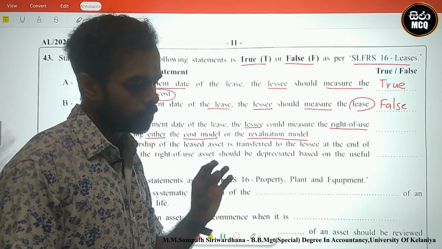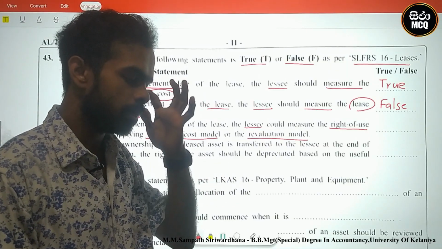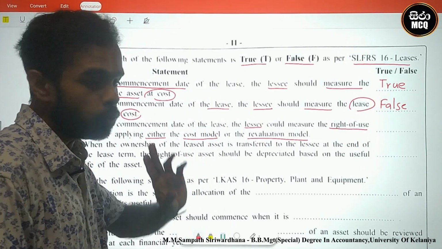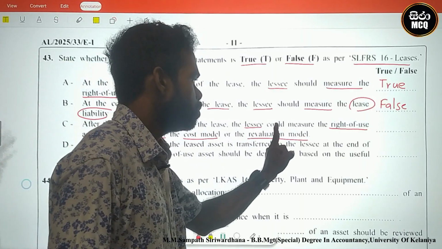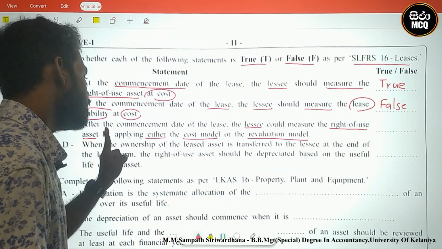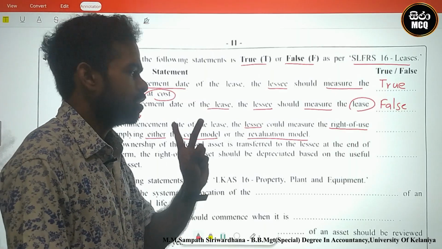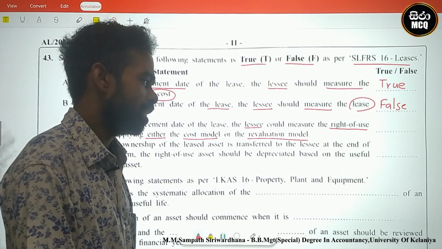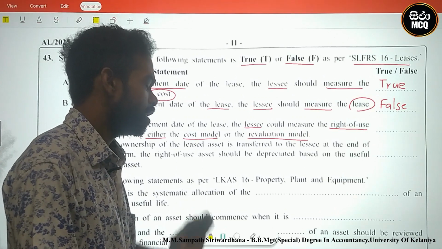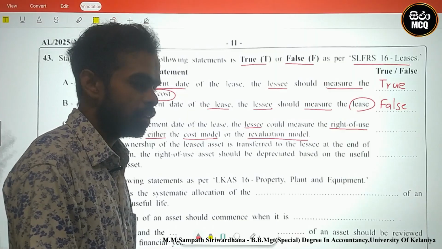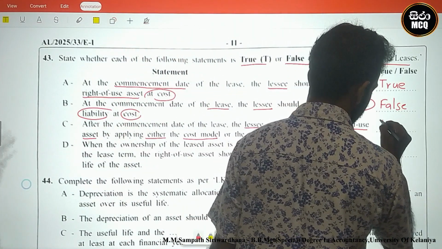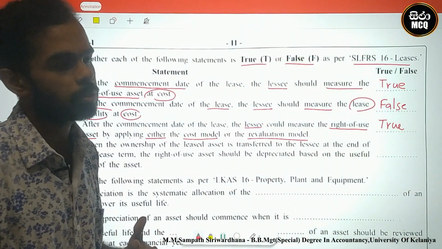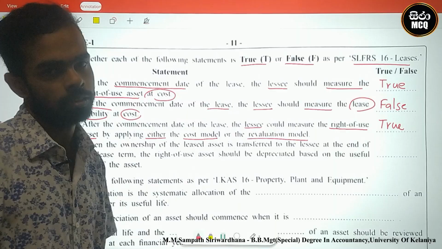After the commencement date, there are two options. The lessee should measure the right of use asset by applying either the cost model or the revaluation model. Okay, we agree. This is the standard guideline. Therefore we can agree with this. This is true. After the commencement date, you can identify the cost model or the revaluation model.